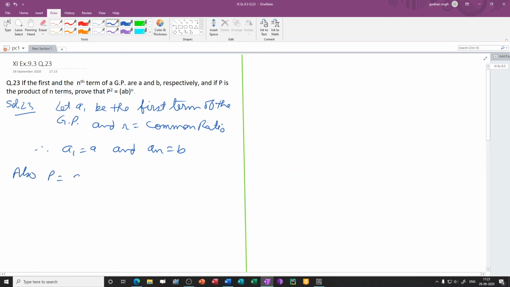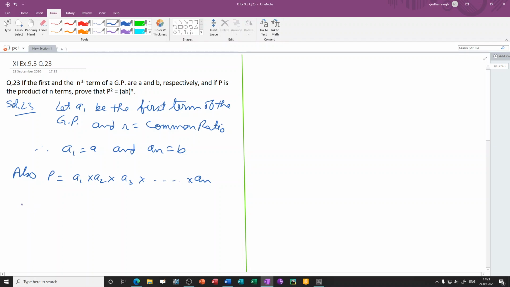Also, P equal to A1 into A2 into A3 into so on till the nth term. Now we'll write each term, A2, A3, and so on, by using the formula of the nth term, that is An equal to A1 into R raised to n minus 1.